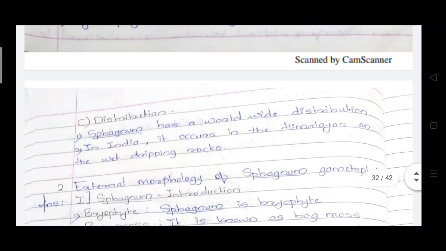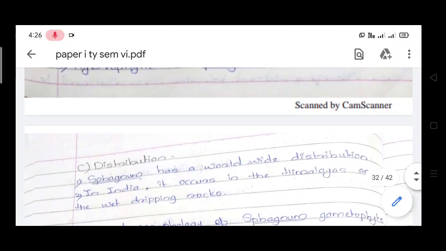These plants are distributed worldwide, and in India they are mostly observed in the Himalayas.